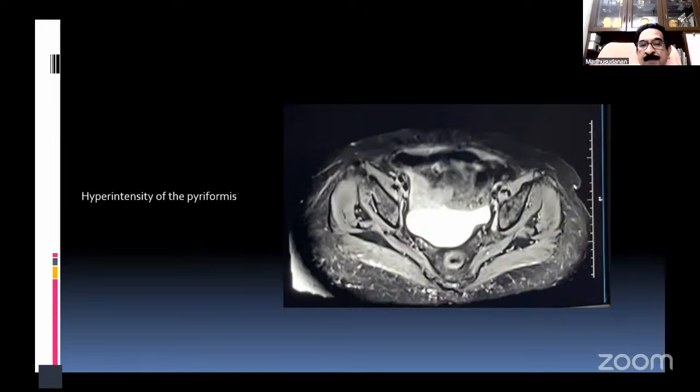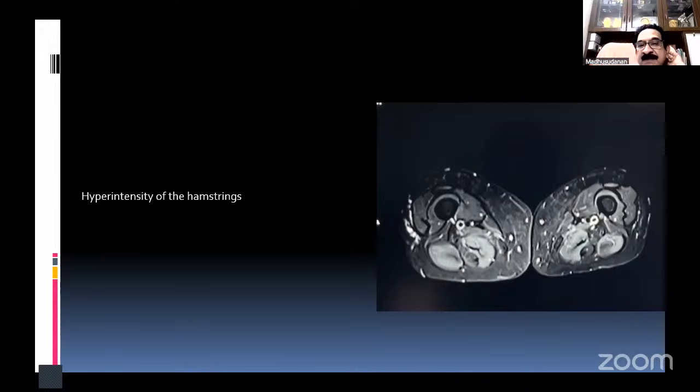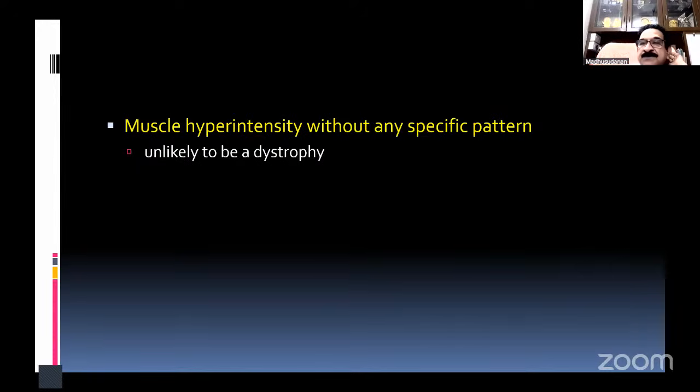A little more lower down, you can see the piriformis. Posteriorly is the gluteus maximus, then piriformis. MRI of the thigh showed hamstring hyperintensity. So you can find muscle hyperintensity without a specific pattern such as inclusion body myositis or muscular dystrophy. So unlikely to be a dystrophy of any kind. More like an inflammatory or other myopathy.